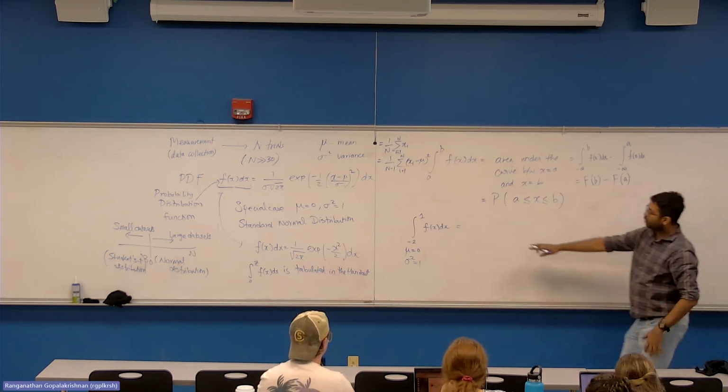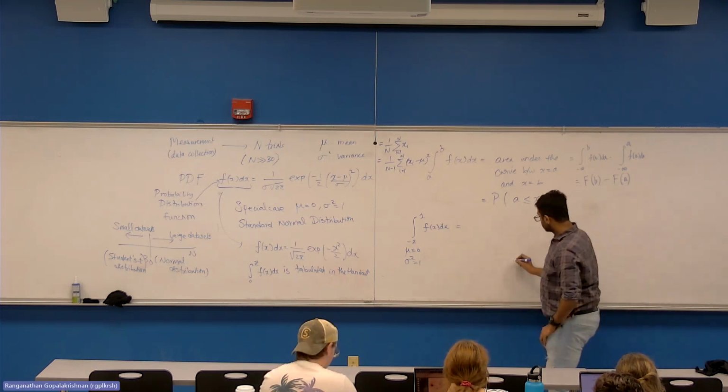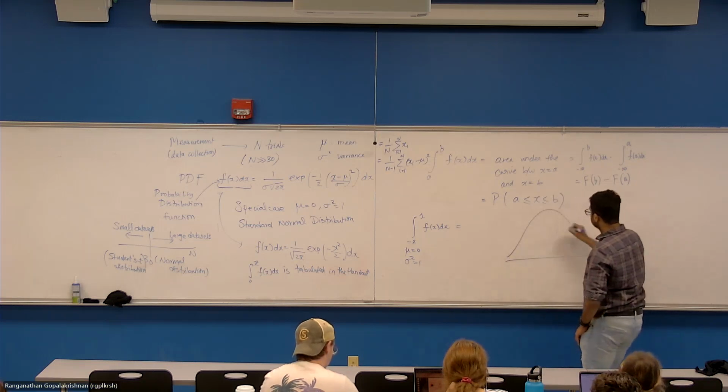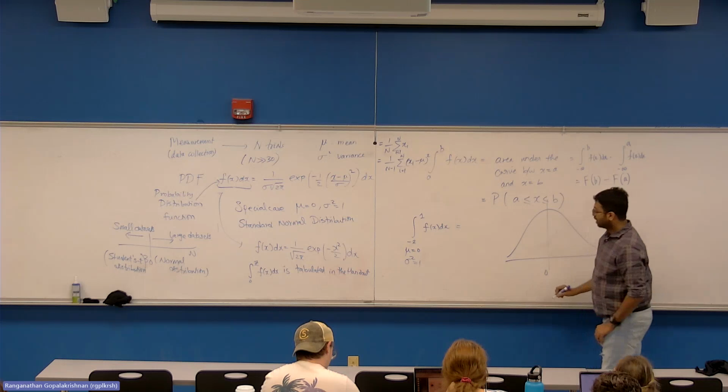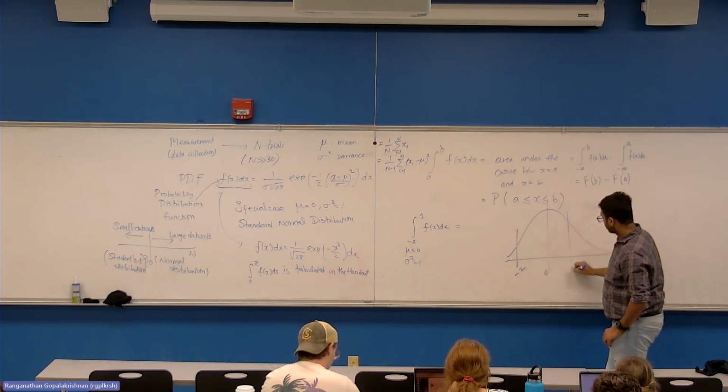So what will you do about this? How will you evaluate? So this is like writing, I have the Gaussian distribution centered around 0. I'm asking for the area between -2 and +1.